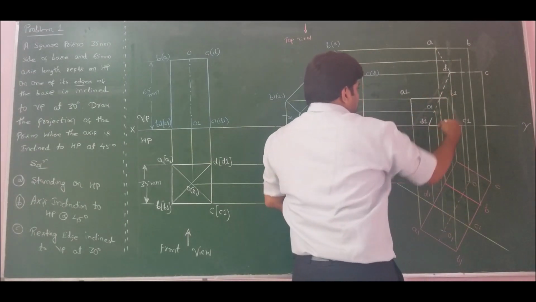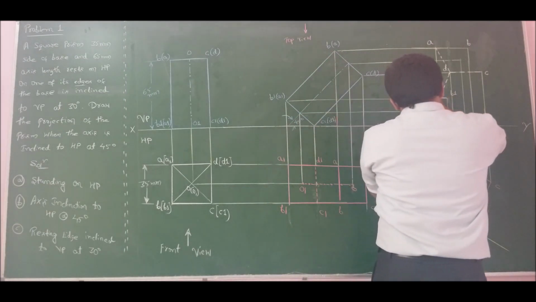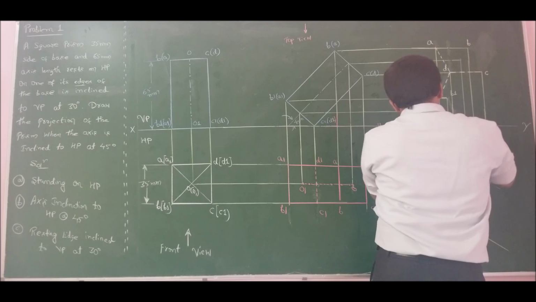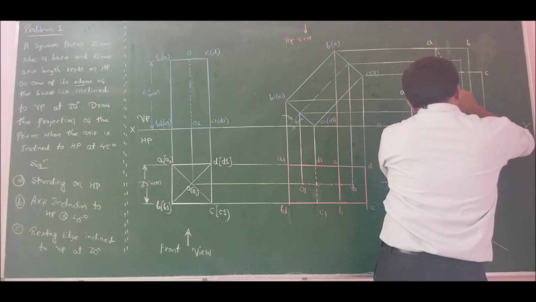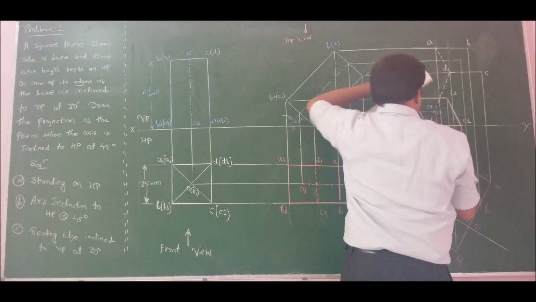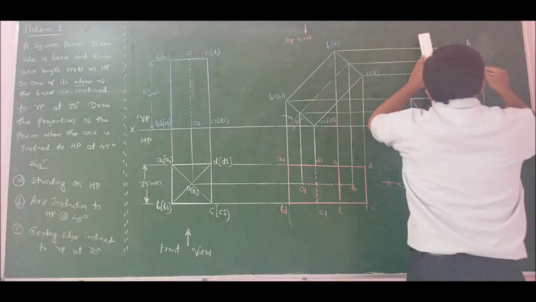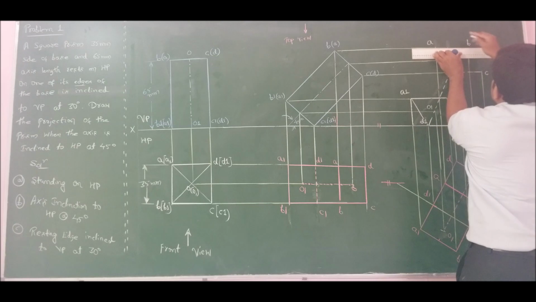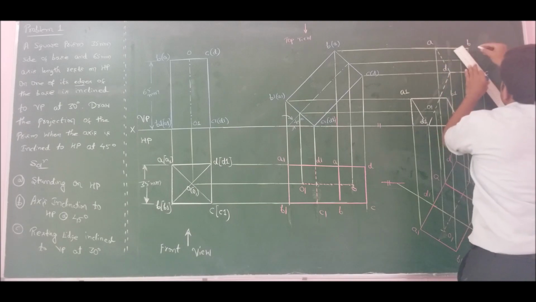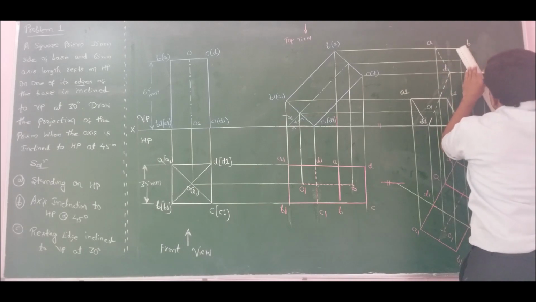Now mark the bottom face A1, D1, B1, C1. Also the top face A, B, C, D, whereas DC and DA are already marked, which are invisible.